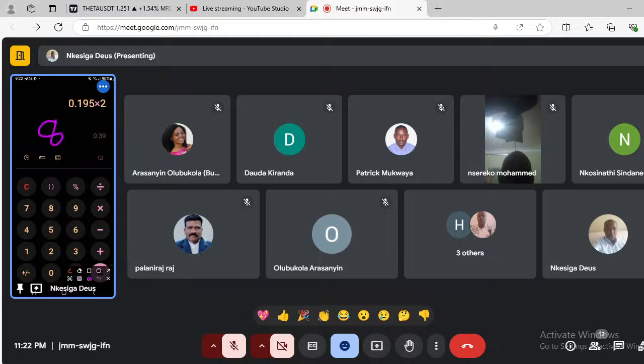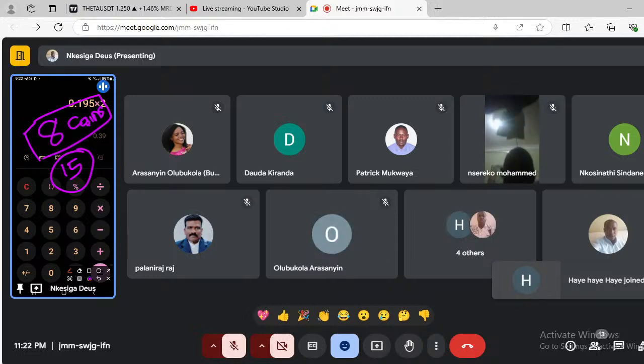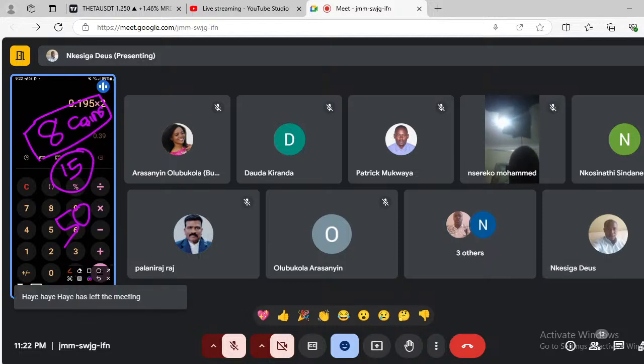Now let us assume you are trading 8 coins. Are we getting the point? You are trading 8 coins, and your first buy is $15. And let us assume we get 50 sales.